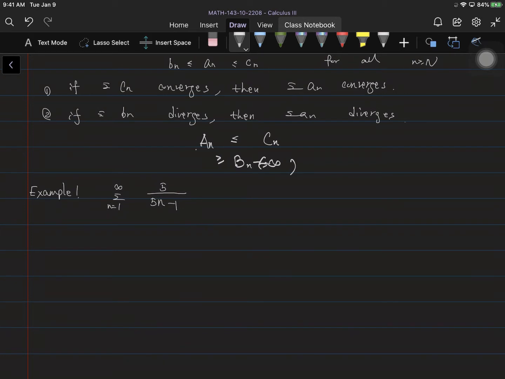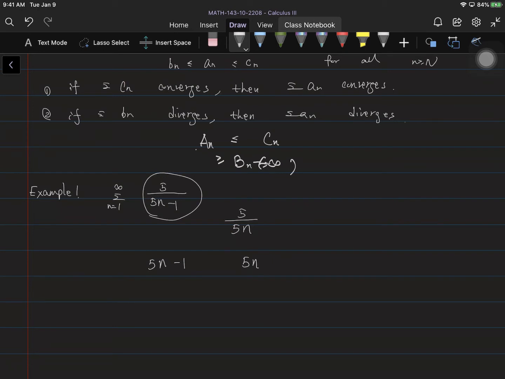We want to compare this with 5 over 5n. Like we can ignore the number 1, and let's see how to compare them. Firstly, you can see 5n minus 1 and 5n.